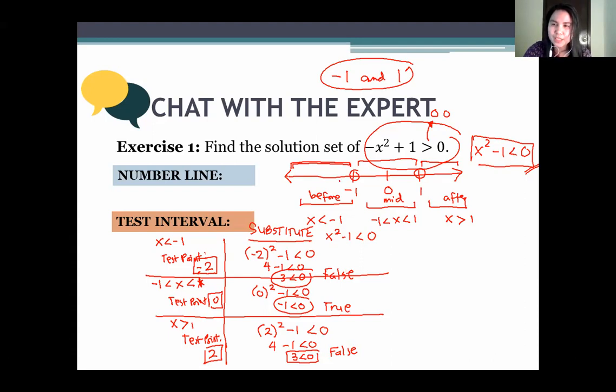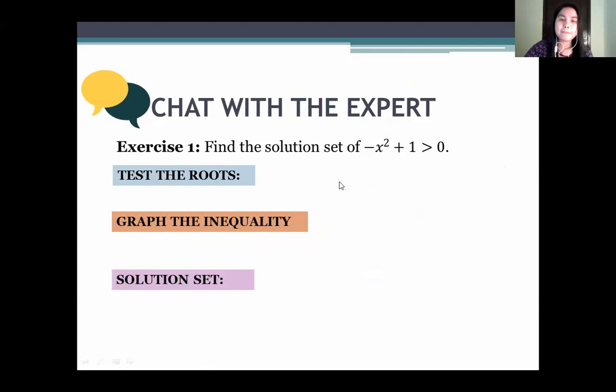Now let's go to the next one. We test the roots. We test if the roots are included in the solution set. Here's the technique. If we have greater than or equal to and less than or equal to, the roots are included.